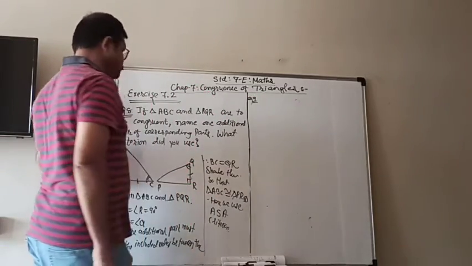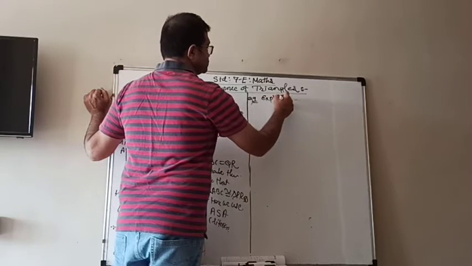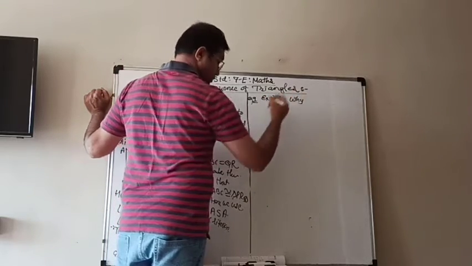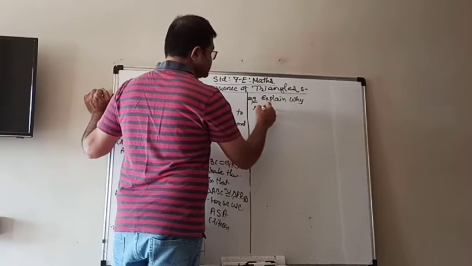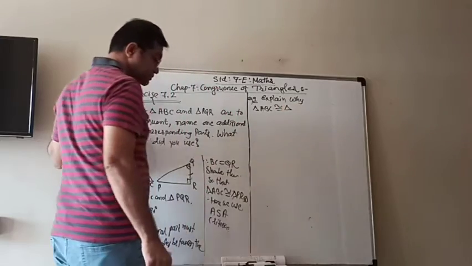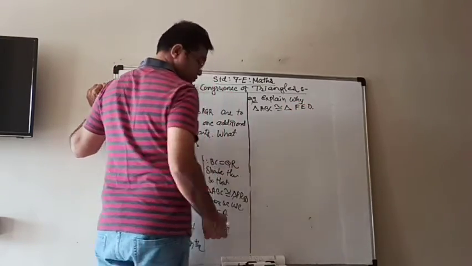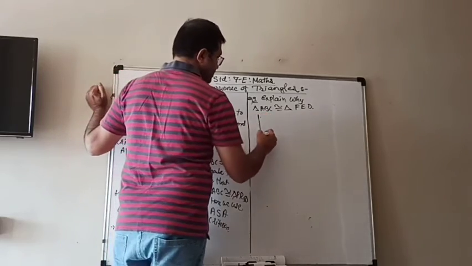Now the last question. Explain why triangle ABC is congruent to triangle FED in this given figure.